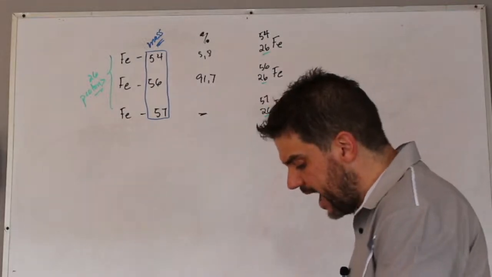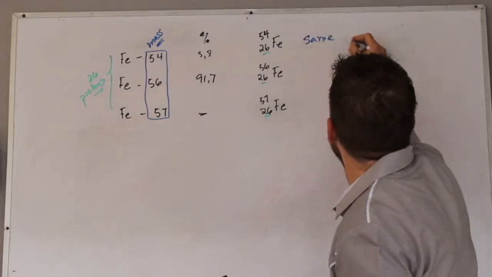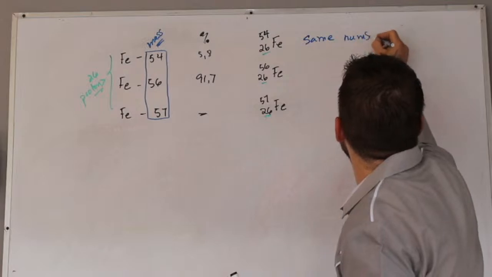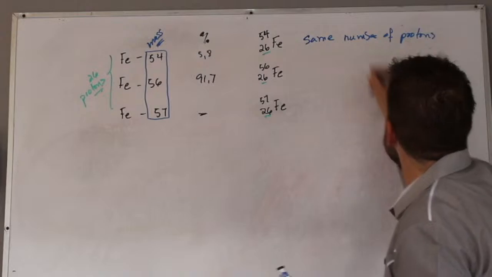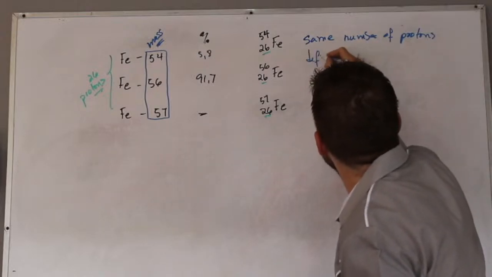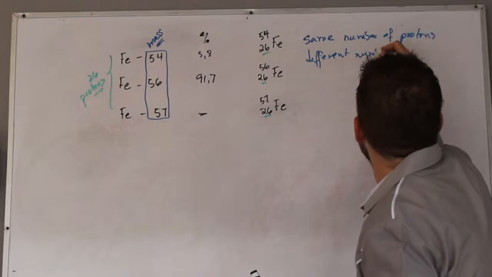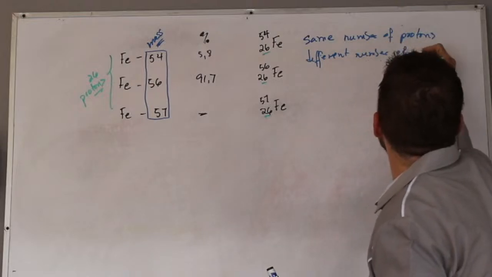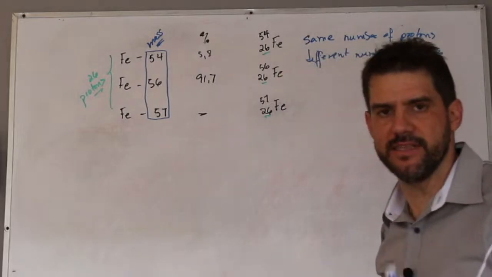Now, what are isotopes? They have the same number of protons, different number of neutrons. That is why the mass is different.